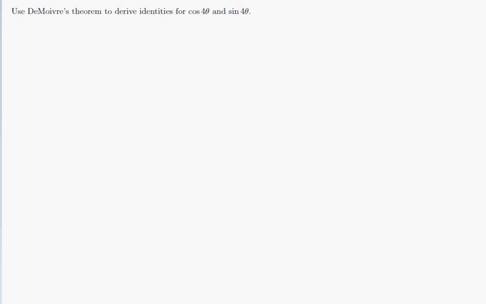Let's use de Moivre's theorem to figure out trigonometric identities for cosine 4 theta as well as sine of 4 theta. So the way we're going to do this, let's let z be equal to cosine theta plus i sine theta.